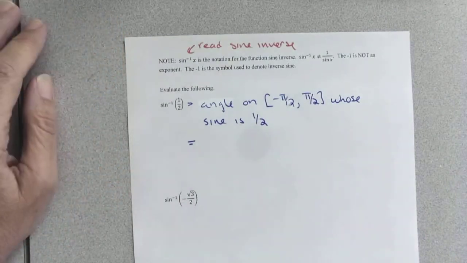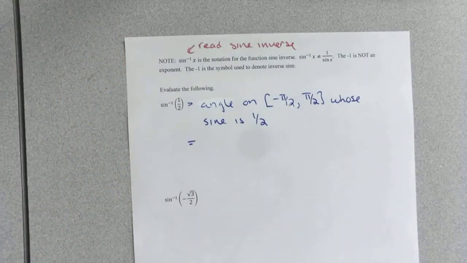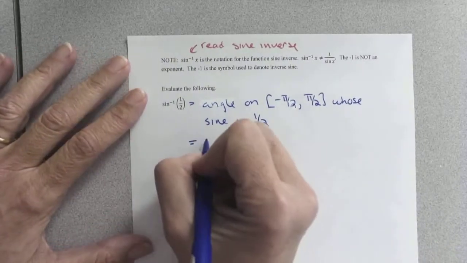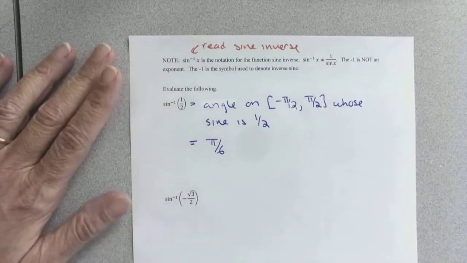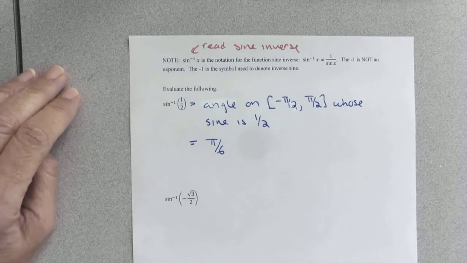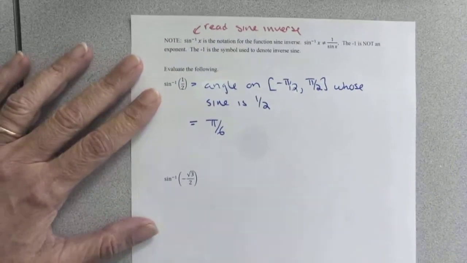And it comes really from just absolutely knowing those primary unit circle values. Can't emphasize enough that you know those primary unit circle values. And so the angle that has a sine of 1/2 is pi over 6. And it really is just memorization here.